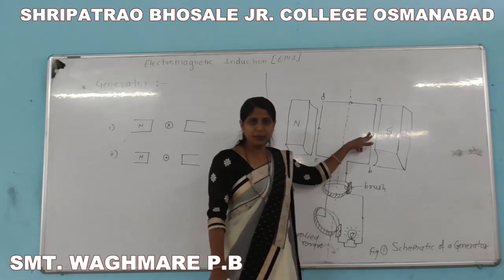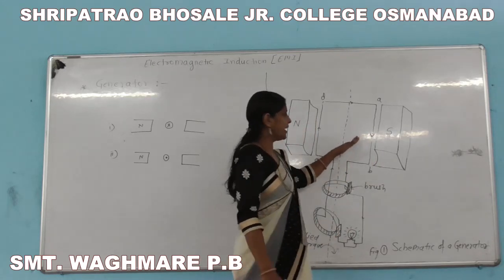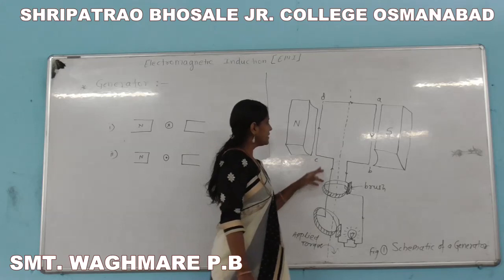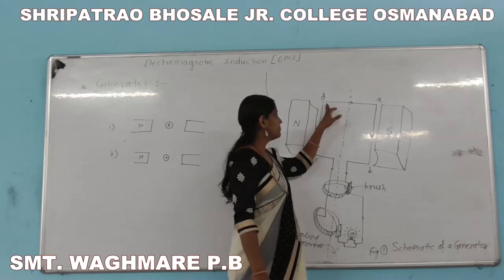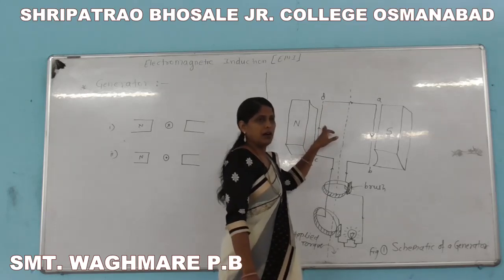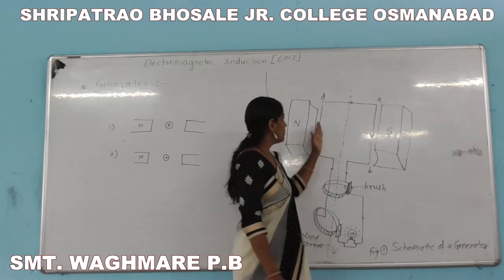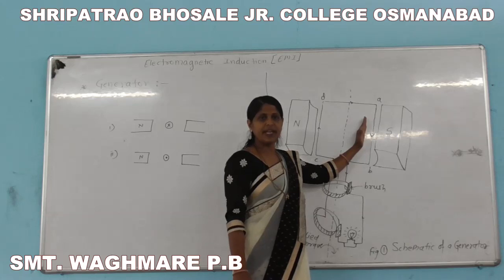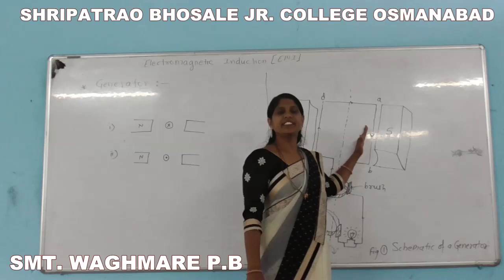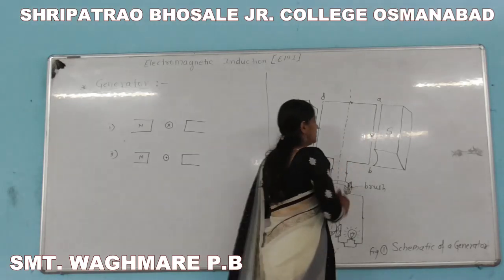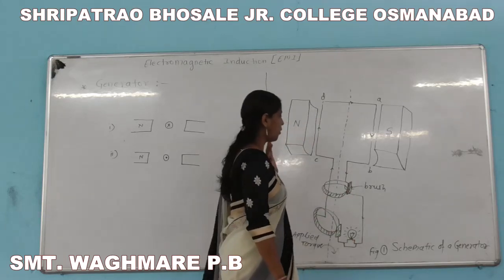Then the direction of current will change. First of all, the direction of current on side CD is in the inward direction, but when this coil rotates from this side to this side, then the direction of current on this side AB changes, and therefore the direction of current passing through this coil also changes.